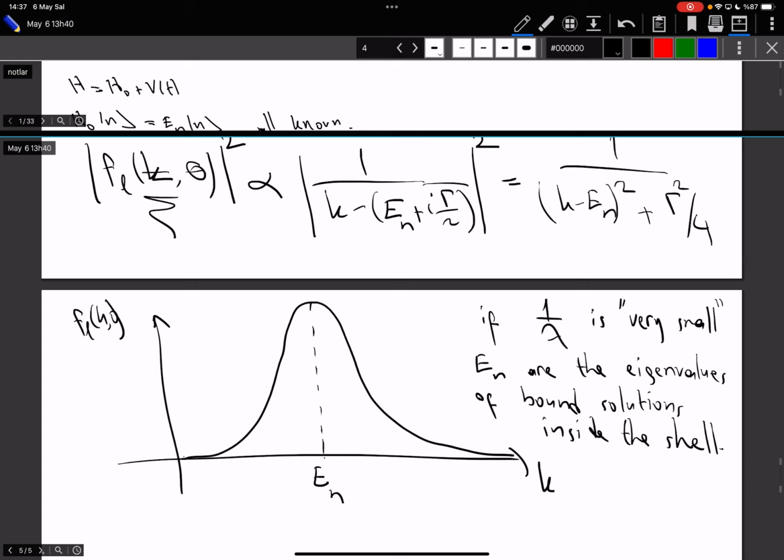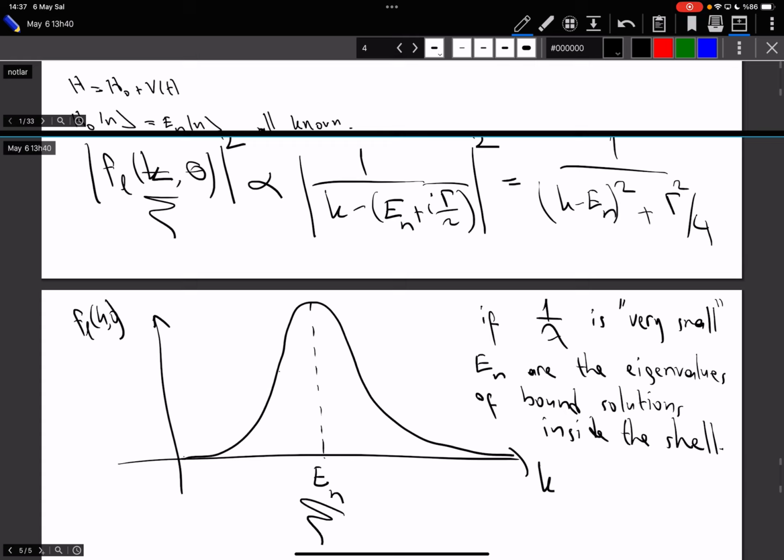So you can still somehow measure them, but now they are not stable anymore. So if you create a particle inside your sphere in a state that would have been the eigenstate, let's say, it will stay there for some time, but not indefinitely, and hence it's not an eigenstate. But it's approximately an eigenstate. And the energy of that eigenstate, in fact, is this E_n value.